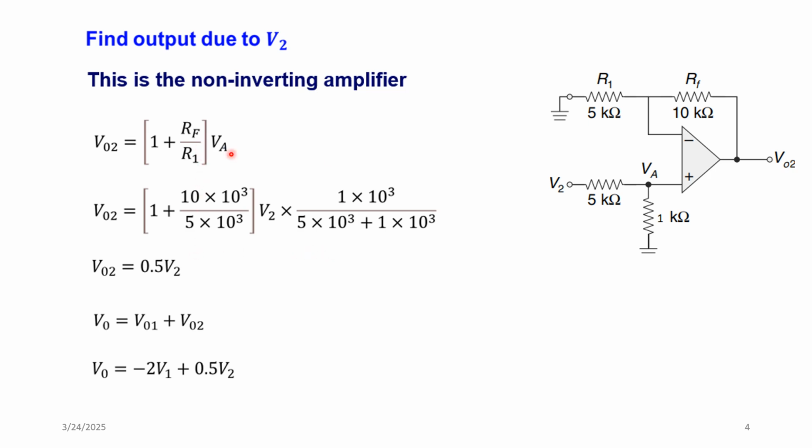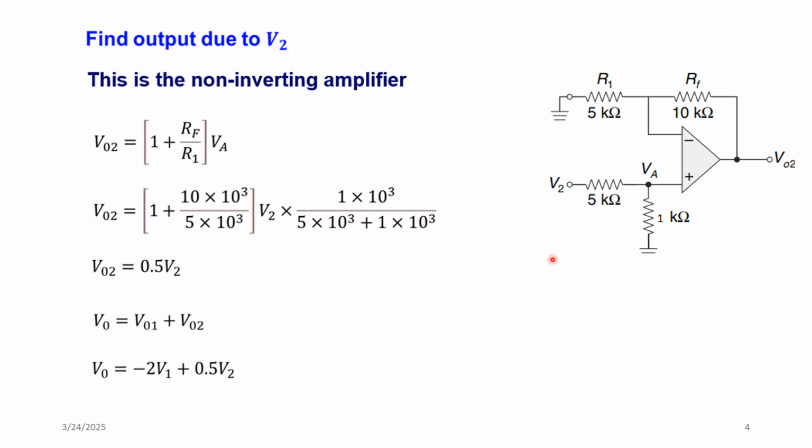So we are substituting RF value as 10 kilo ohms and R1 as 5 kilo ohms. So if you solve this, V02 value as 0.5 V2.